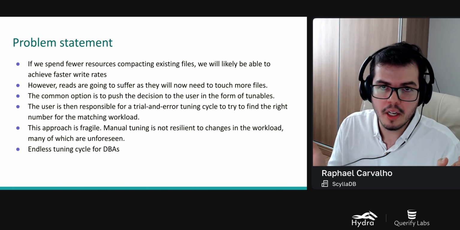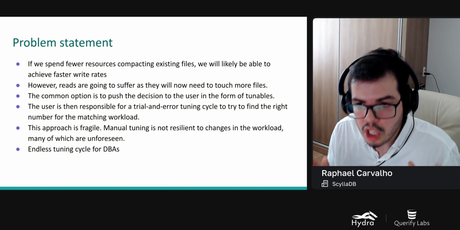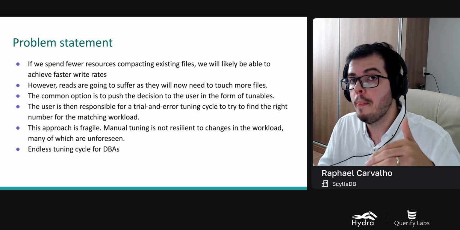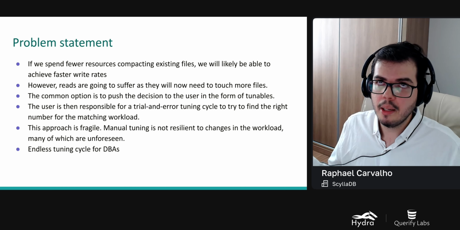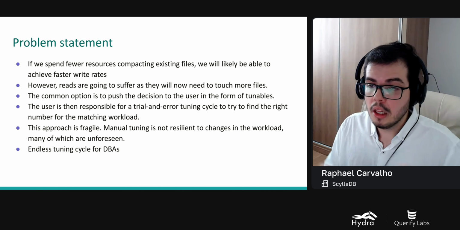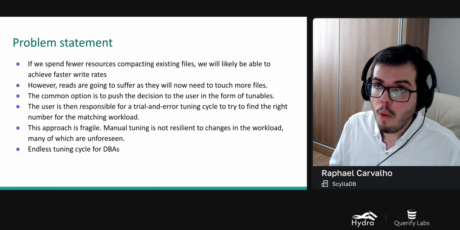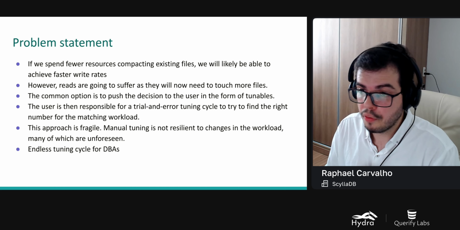So the compaction backlog increases and reads start to suffer because compaction is no longer able to keep up with the backlog. We know that in the database we have many internal processes like commit log, repair, and so on, and it's not always clear the amount of resources we need to devote to each one of them.